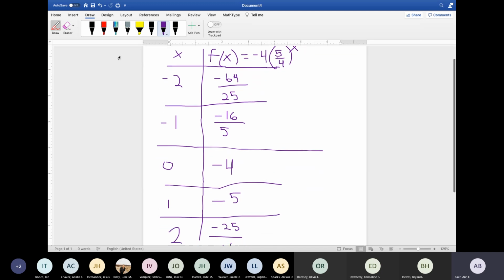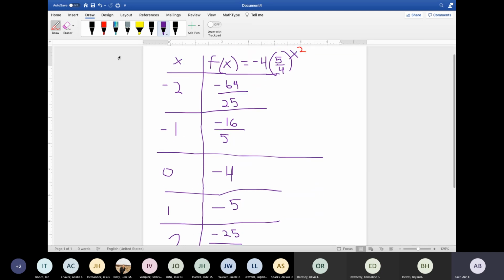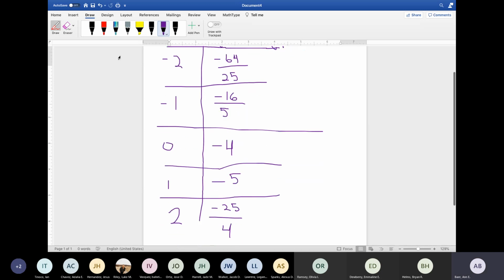Okay, so let's put all of these in, and I'm going to have to copy this sum onto my other paper here. 64 over 25, negative 16 over 5, negative 4, negative 5, and lastly, negative 25 over 4.